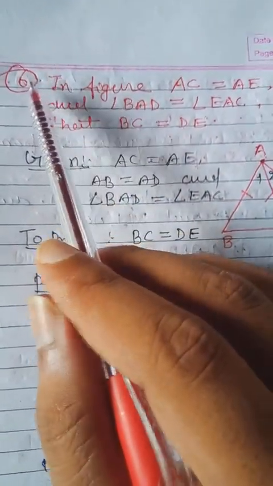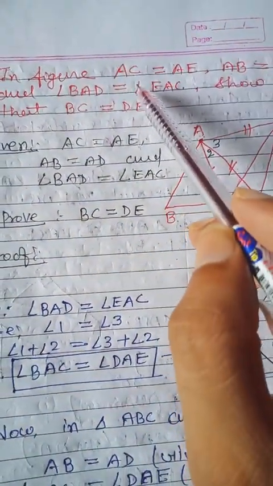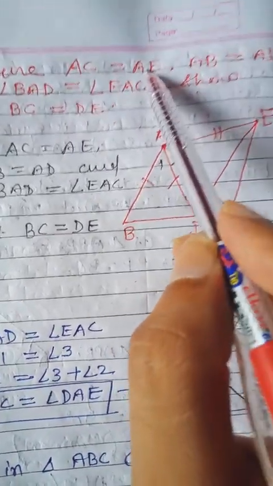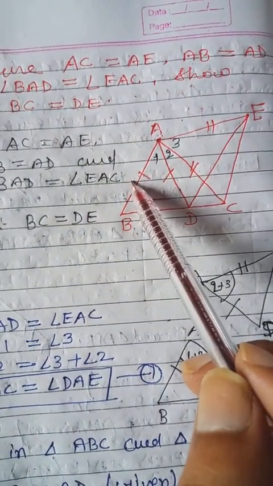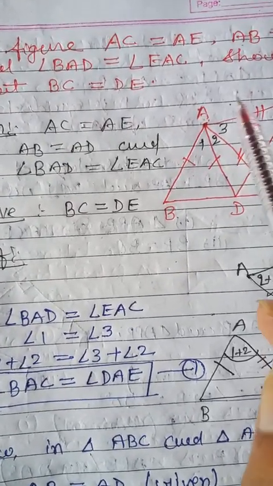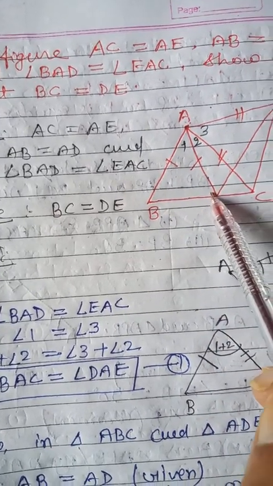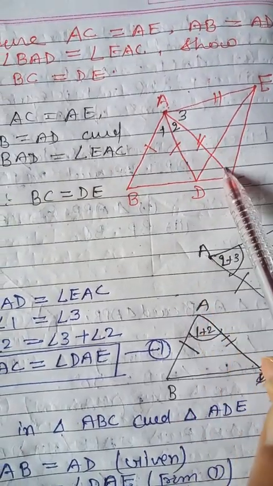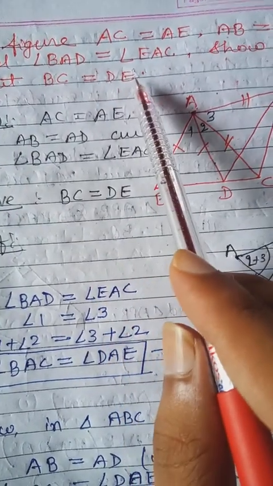The sixth question of this exercise is: in the figure, AC and DE are equal. AC is equal to DE. AB is equal to AD. And angle BAD is equal to angle EAC. Then show that BC is equal to DE.